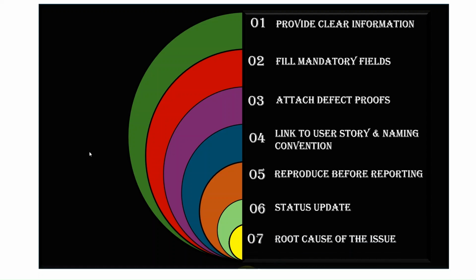The next and most important thing in the defect reporting checklist is the root cause of the issue. You observed one issue. Before reporting it, try to understand the root cause of the issue from your end. Go through the logs, understand the screenshots, and discuss with the developer what might be the root cause, so that while closing the defect you can update the root cause of the issue.